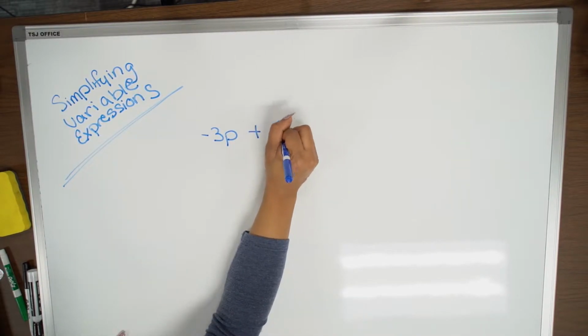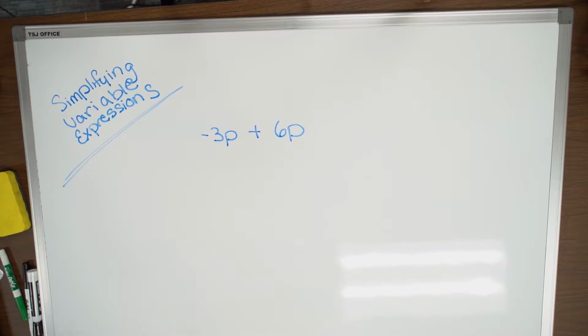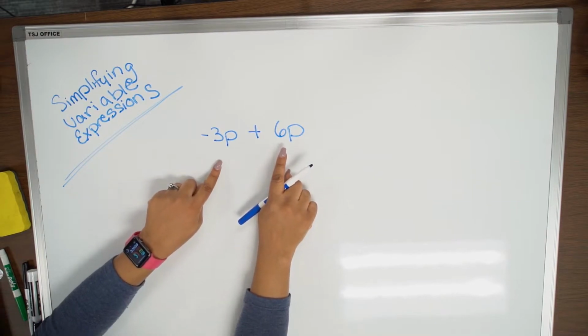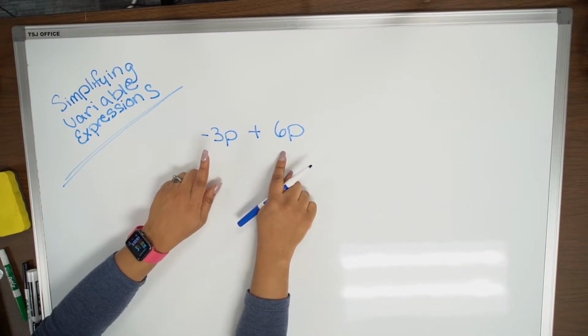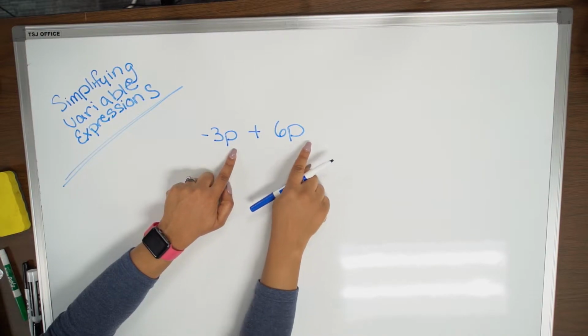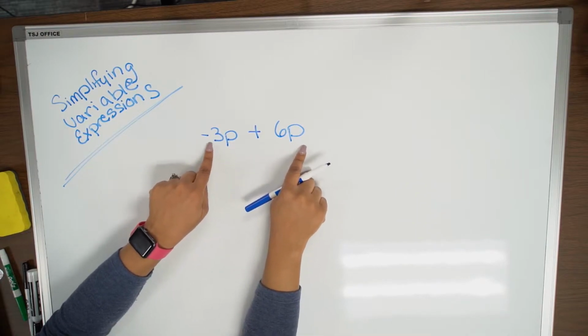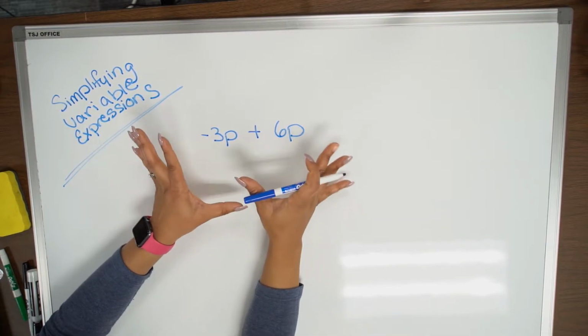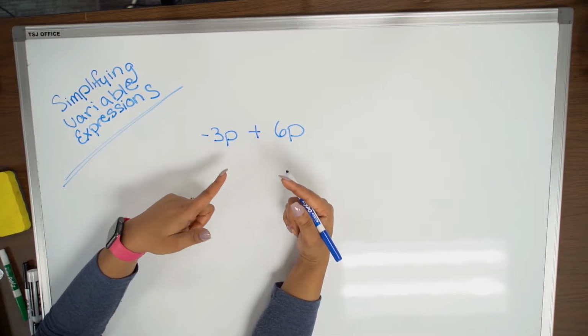plus 6p. Okay? When you are simplifying variable expressions, that means you are combining the like items. So this one is pretty simple because we have one unit that has a number and a variable, and another unit that has a number and a variable. When you have a number and a variable that are connected, you can't separate them without doing a math function.